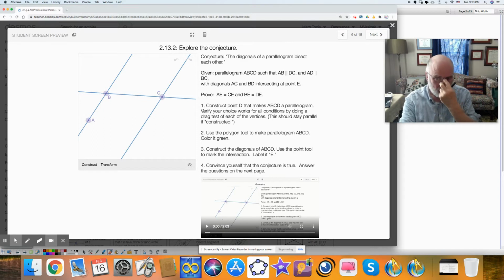Now, here are the instructions that you can use to explore this conjecture. When we have a conjecture, we try to explore it and see if we can find a counterexample, see if there's a way that it doesn't work, and then we'll write the rigorous proof. And here's my explanation video that you can watch to show how to do that.